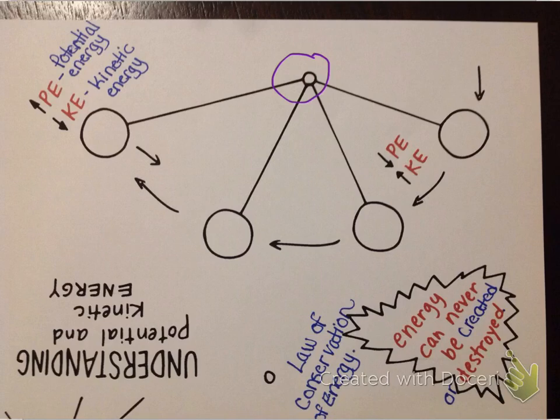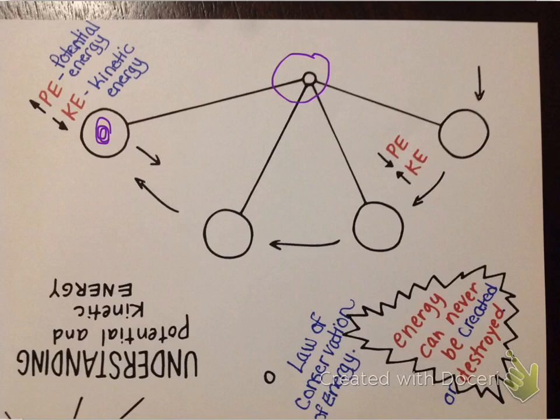Potential means it could do something. Kinetic energy, and we're going to define this even more, is motion. Now we see that this ball, the position of this ball right here, at this position it has a lot, because the arrow is pointing up, of potential energy, but not much kinetic energy.